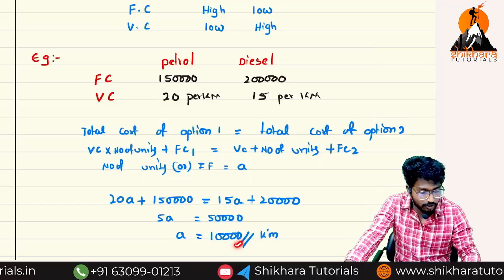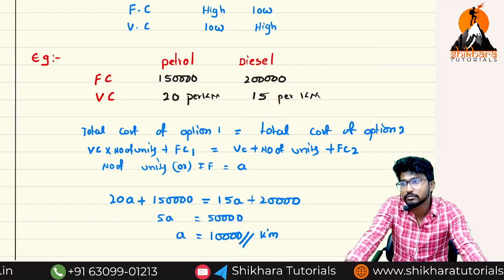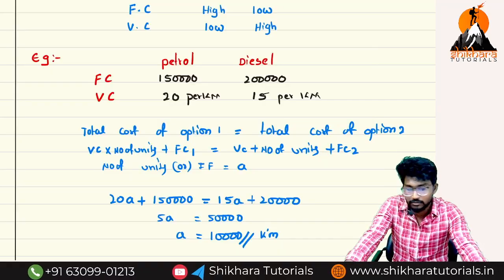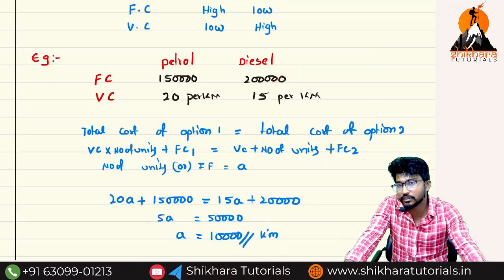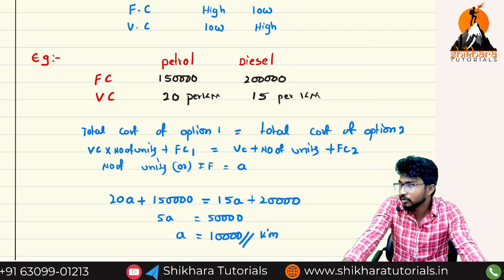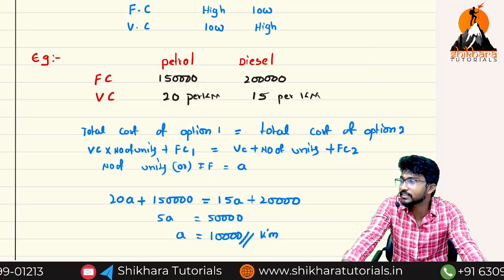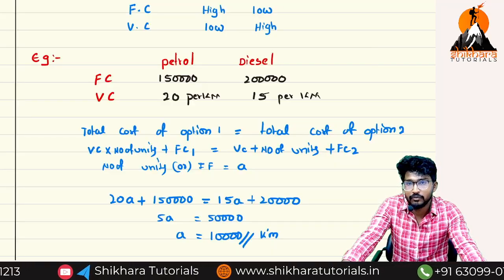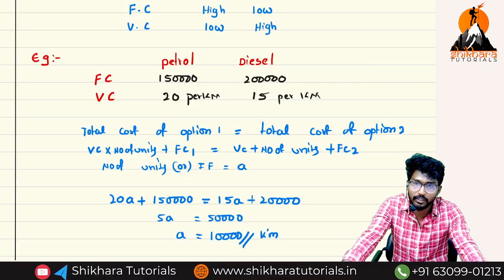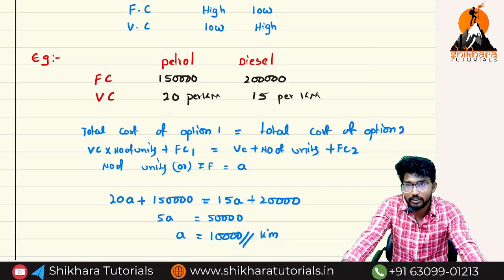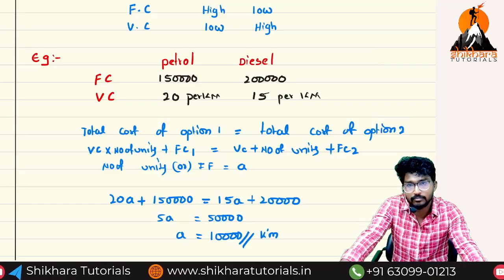Now 10,000 into 15, 1,50,000 plus 2 lakhs fixed, 3,50,000. Both are same. That means 10,000 kilometers is the indifference point. If you choose A or if you choose B, your cost will be same, your benefit will be same.